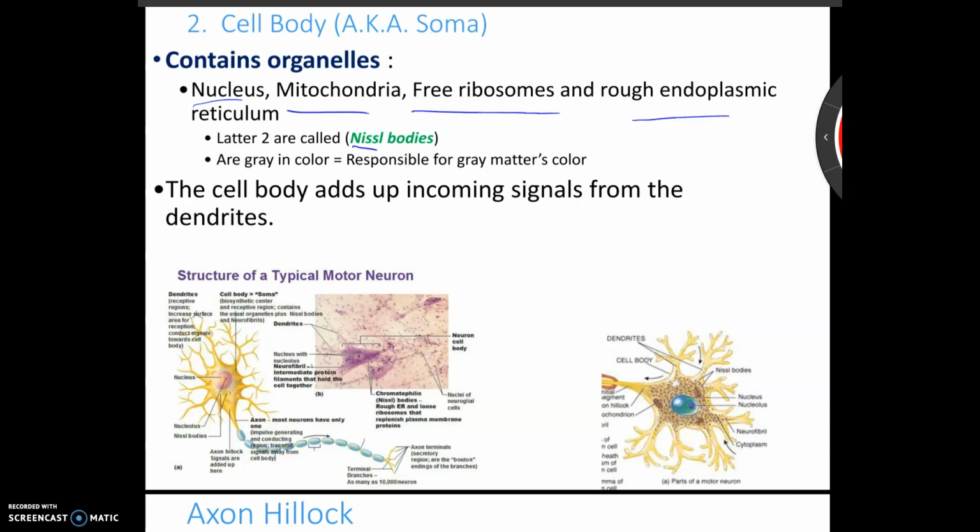And in an unstained nerve, they are gray. Wait, where have I heard gray before? I know. Gray matter. Make sure you put 2 T's in matter. They're gray in color. They're responsible for gray matter. So if you hear somebody talking about gray matter, it's cell bodies.